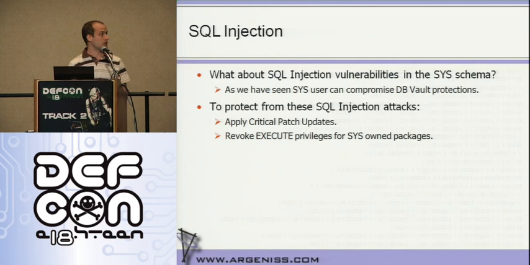So what about SQL injection in the sys schema? If we can impersonate the sys user using SQL injection, we can use some of the techniques I just mentioned to compromise database vault.